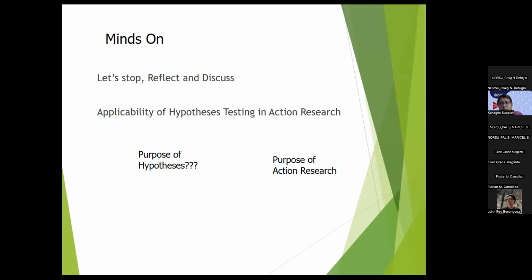So do you think hypothesis testing is extremely important in action research? Can we conduct action research without doing hypothesis testing? Is it possible to do an action research without testing your hypothesis?